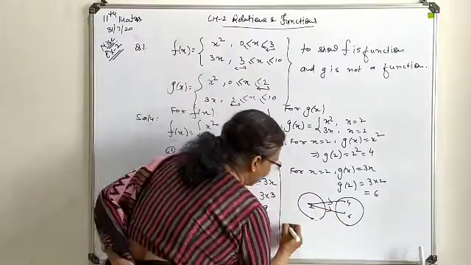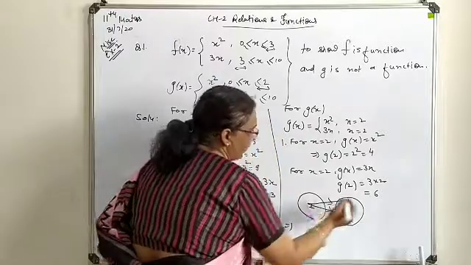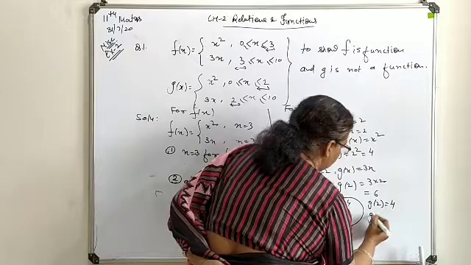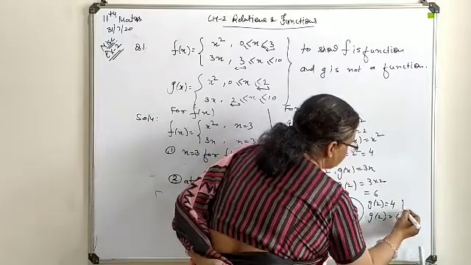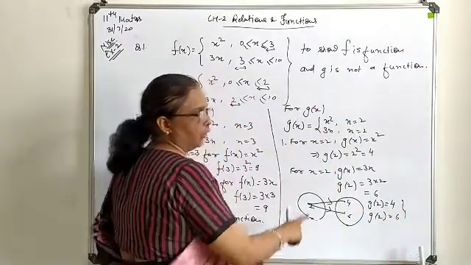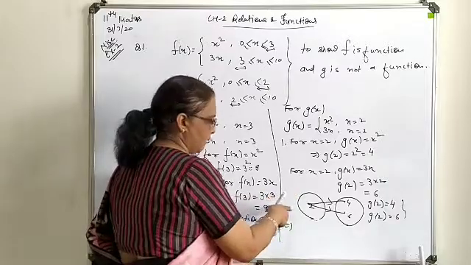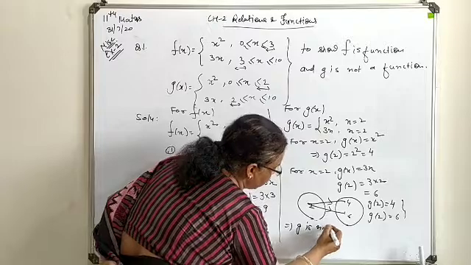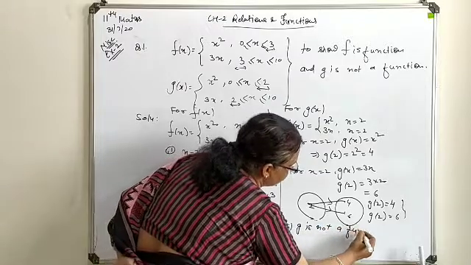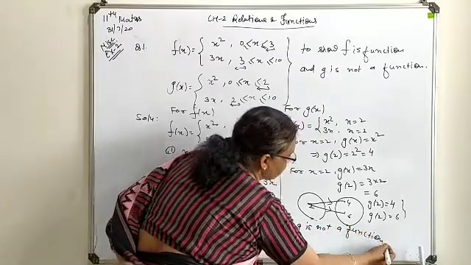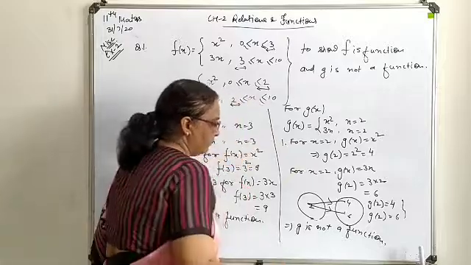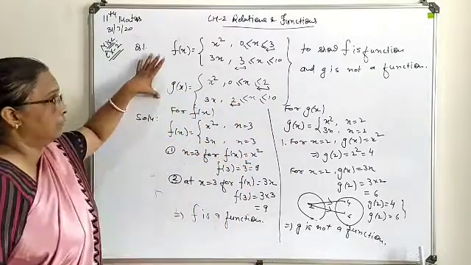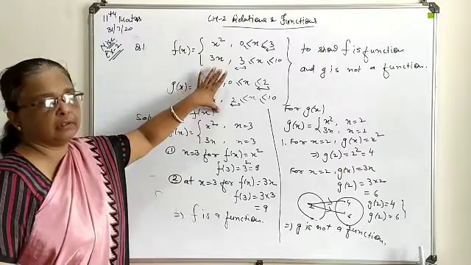So g(2) gives two solutions, and on the basis of the basic criterion, g is not a function, it is a relation only. This is how you have to check different given relations with different given ranges.